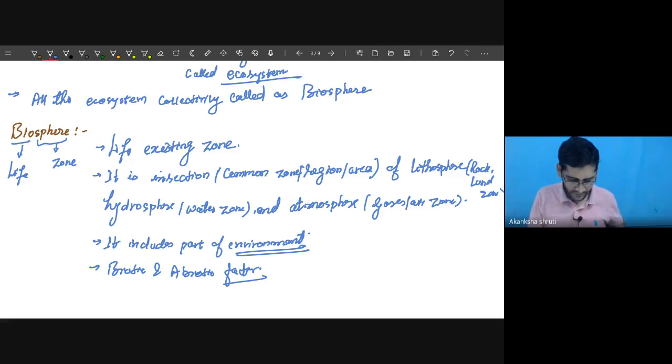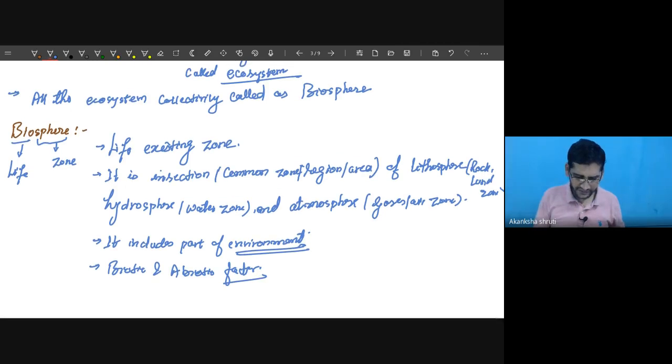Now here the important thing: the smallest functional unit where life can exist in the biosphere is called as ecosystem.